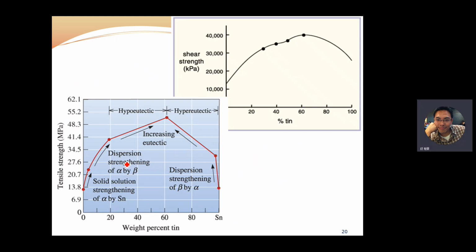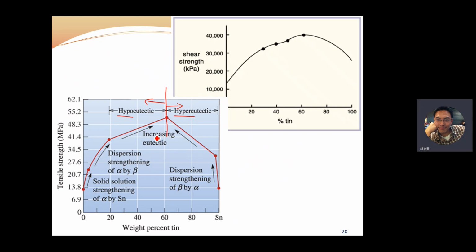It has the same mechanical performance: at the composition of 61.9% tin, its UTS is the highest one. On its left is hypo, and on its right is hyper.